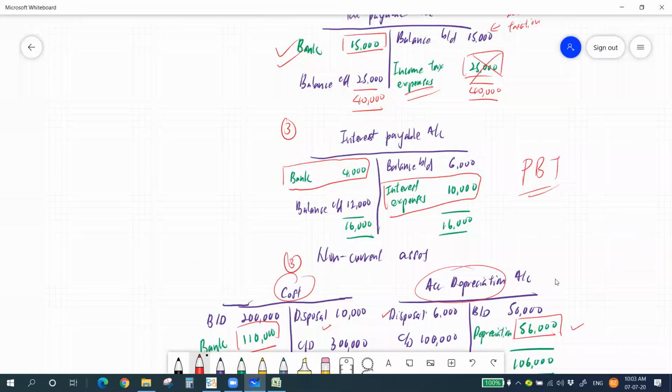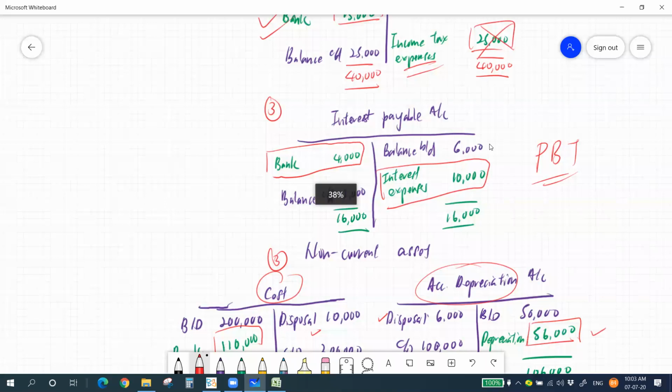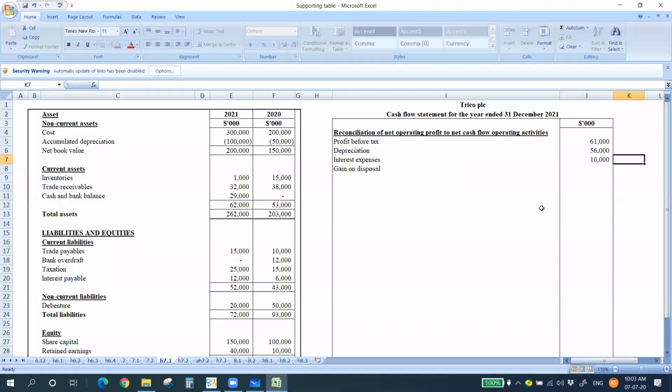Interest expenses we can grab from interest payable account, 10,000. For expenses, we put positive amount. Next, gain on disposal. For gain on disposal, 1 million, we put negative.